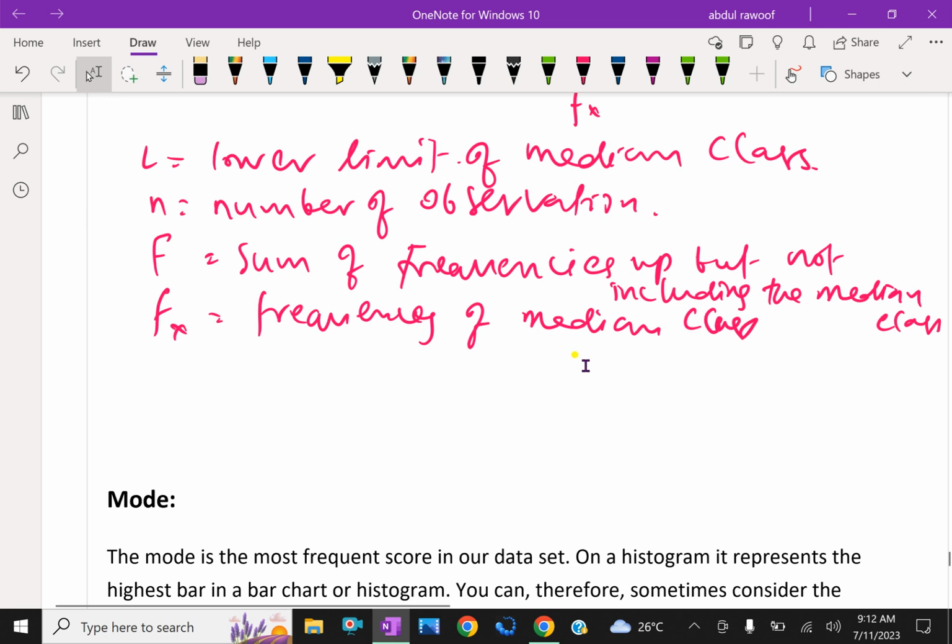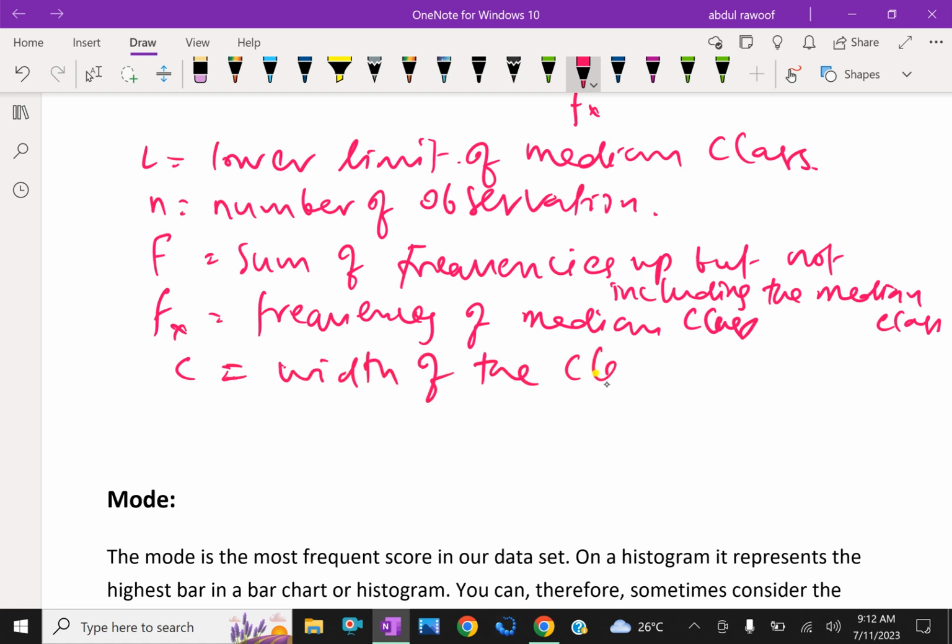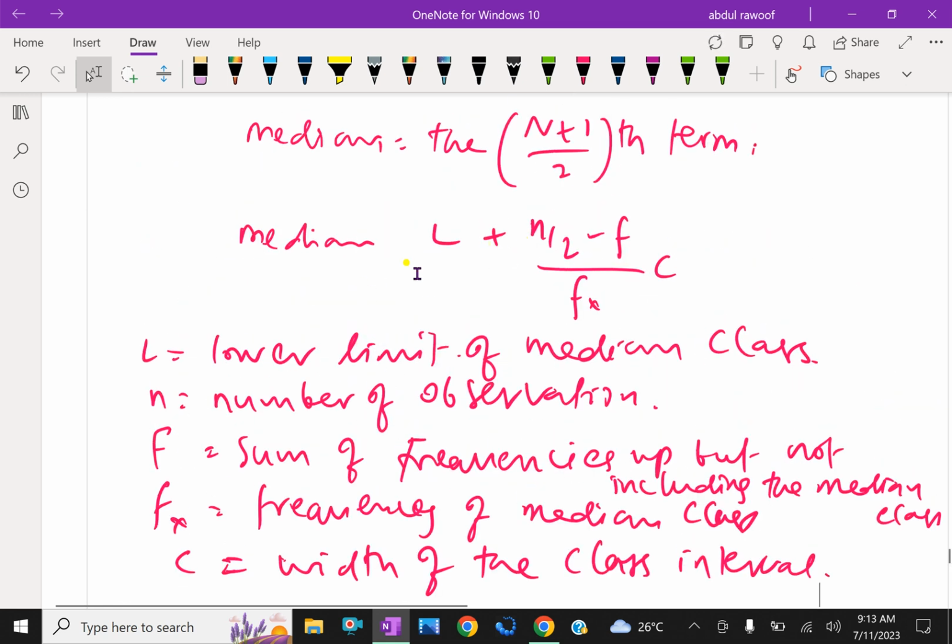Fx is the frequency of the median class and c equals the width of the class interval. If you use this formula, we can get the median of the grouped data.